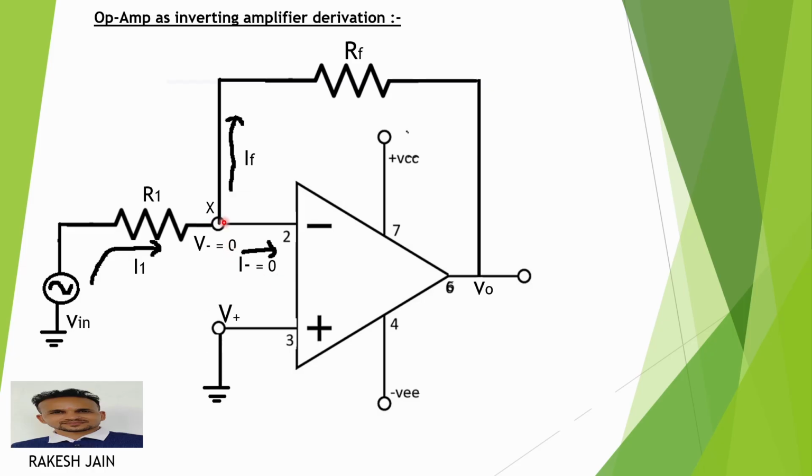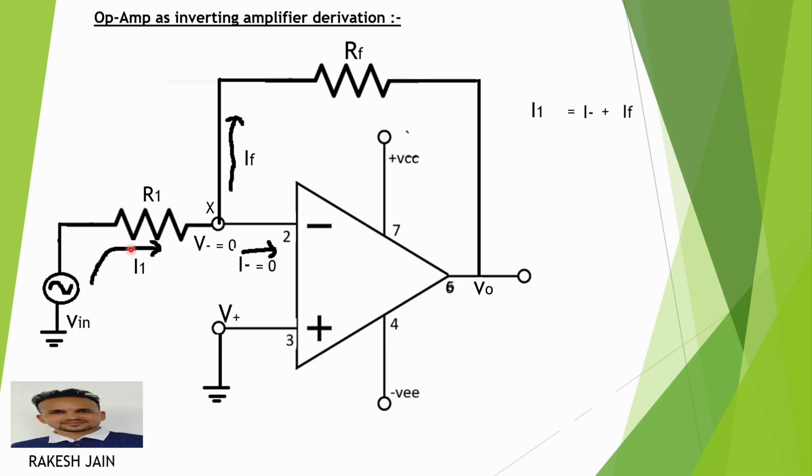Now, see at node X. From the Kirchhoff current law, we know that incoming current is equal to the sum of all the outgoing currents. That's why I1, that is my incoming current towards that node X, is equal to I minus plus IF.